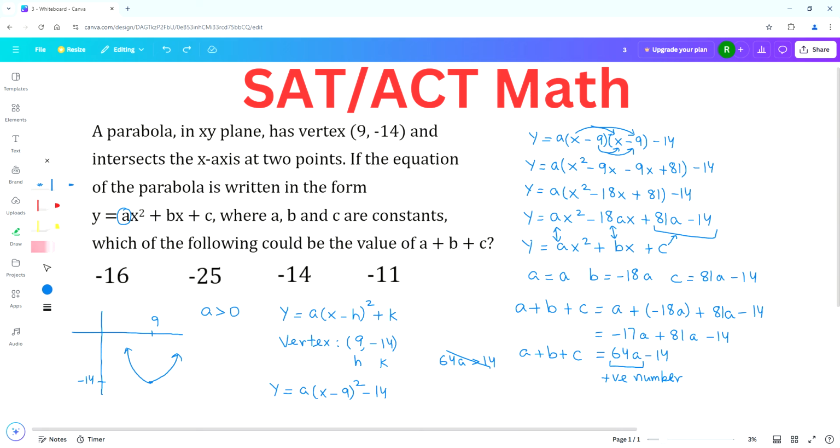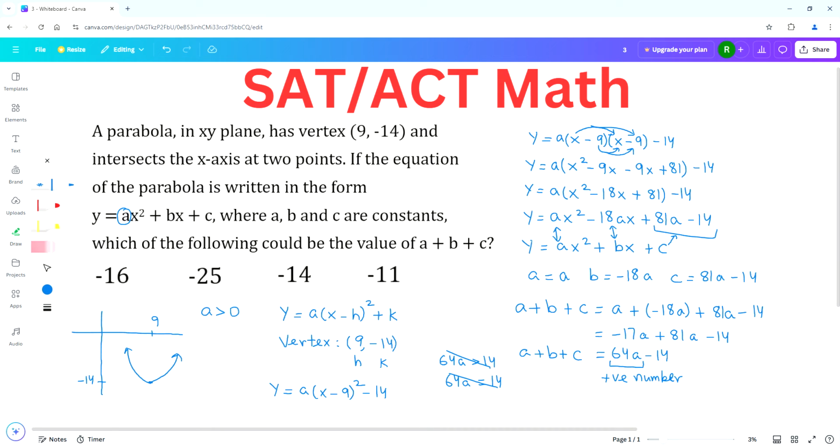The second possible scenario is that the value of the term 64a is equal to 14. If that's the case, then the value of the expression 64a minus 14 should be equal to 0, but 0 is not among the answer choices. That means the second scenario is not true.